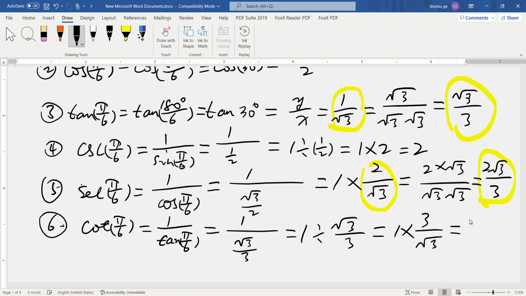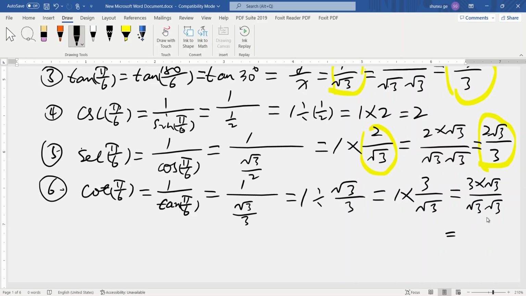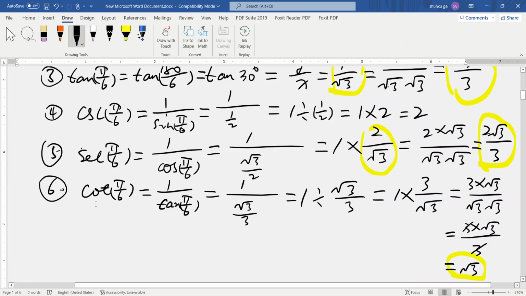So 3 times square root 3 over square root 3 times square root 3, which is 3. So they cancel, and this is the final answer. This is question 6.